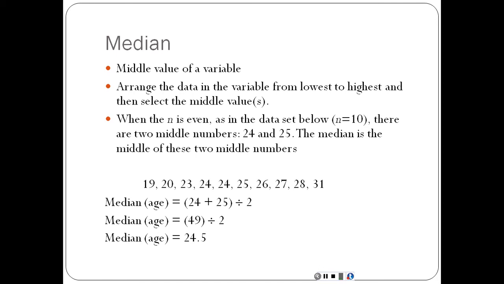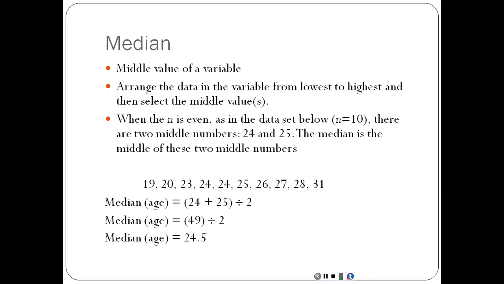So if n is even, for instance, here's an example below where our n is 10 and that sample has an even number, then there are going to be two middle numbers, 24 and 25. The median would then be the mean of these two middle numbers.